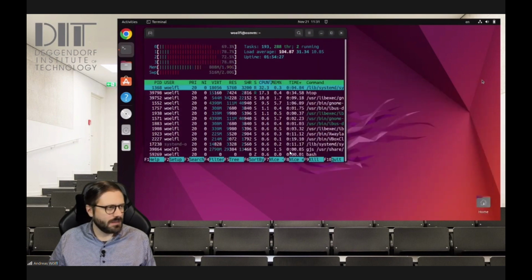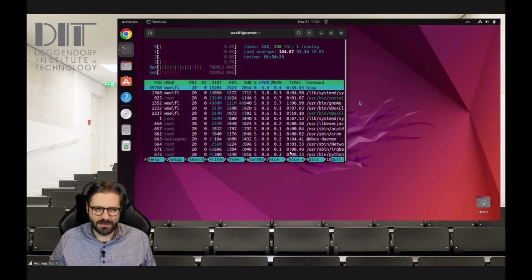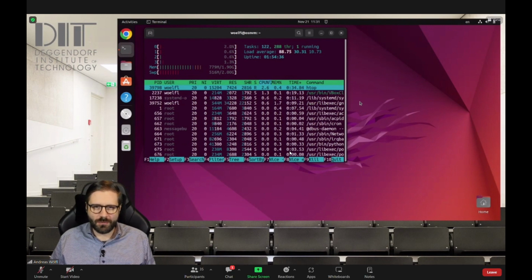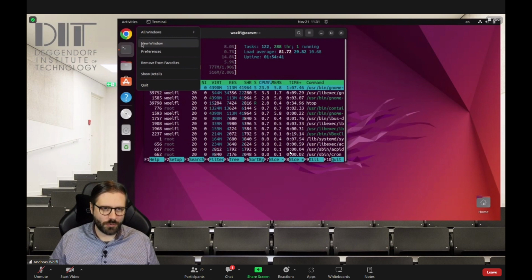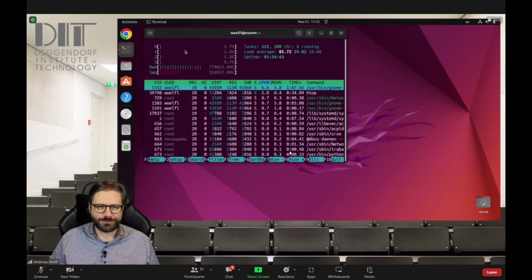So let me kill this shell, and then you immediately see the effect that I was talking about before. If you kill the process that spawns another process, then all the children processes are killed as well.